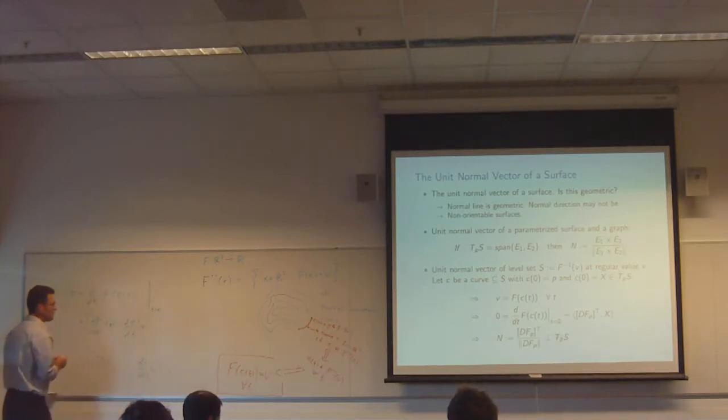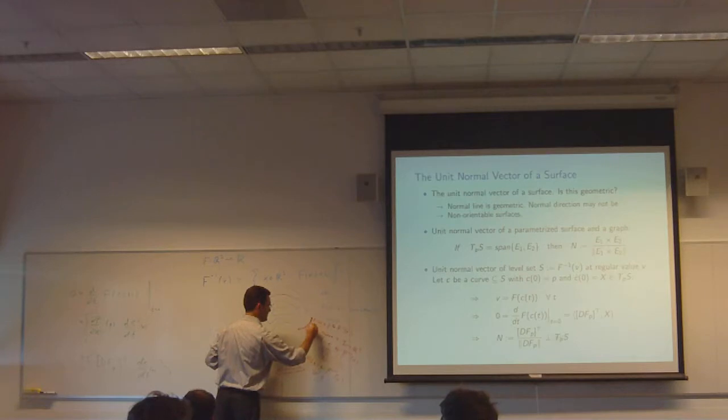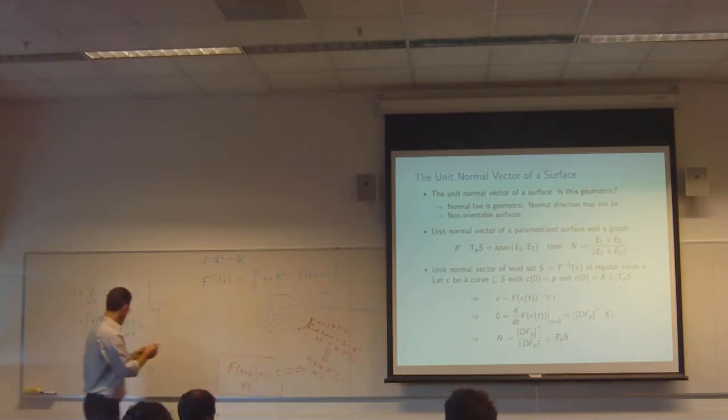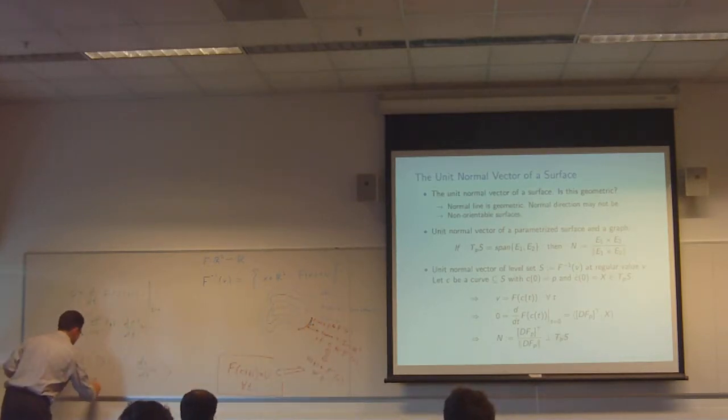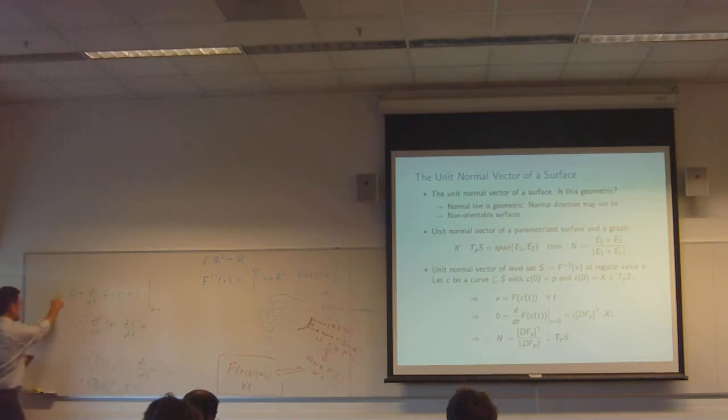Except for one thing, which is that I denoted this vector here by x. So let's rewrite this as it is written on the board. df at p transpose, comma x, is always equal to 0.